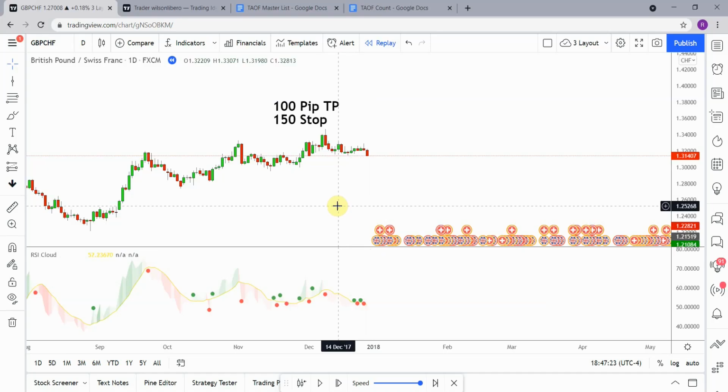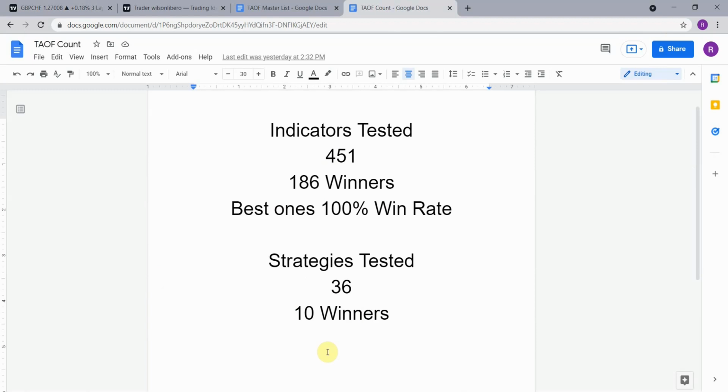Alright, as I said, today we will be testing the RSI Cloud. Before we do though, I wanted to put the testing scoreboard up for everyone to see. So to date, we have tested a total of 36 different strategies, with 10 of them being winners.